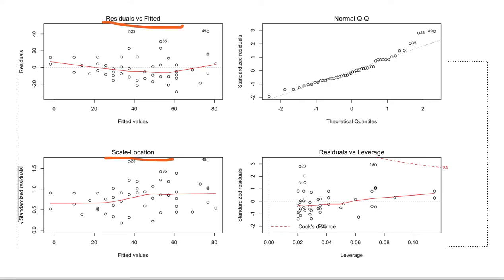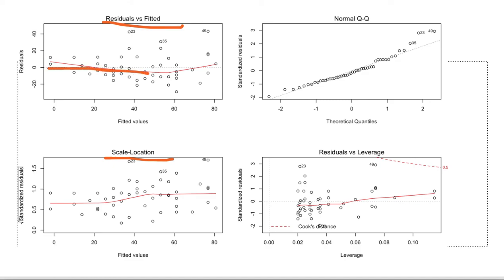So ideally, the residuals plot will show no fitted pattern. That is, the red line should be just about horizontal at 0. A pattern may indicate a problem with some aspects of the linear model.